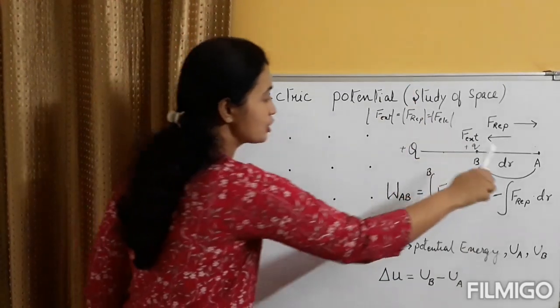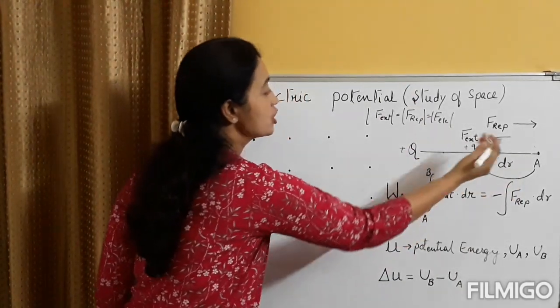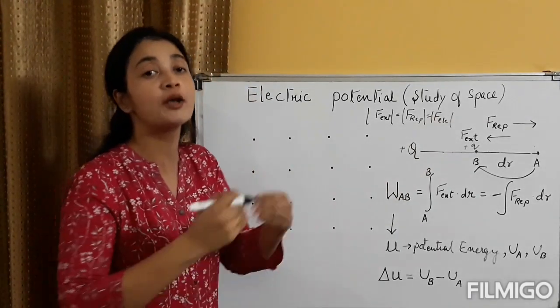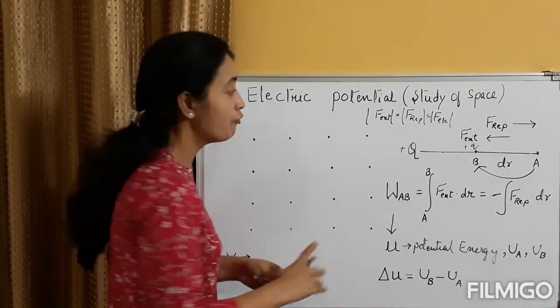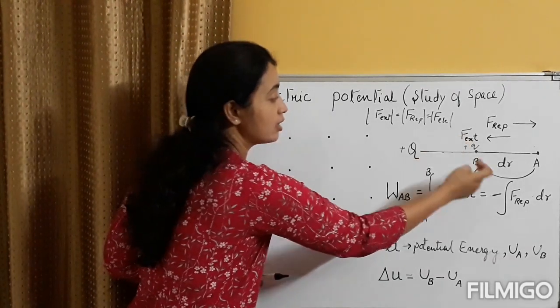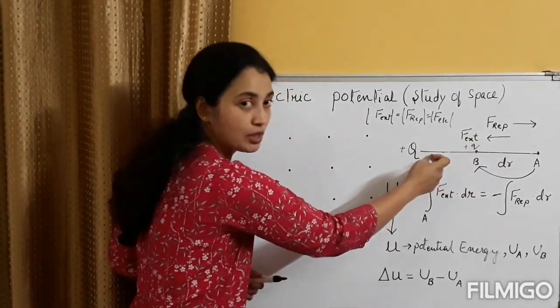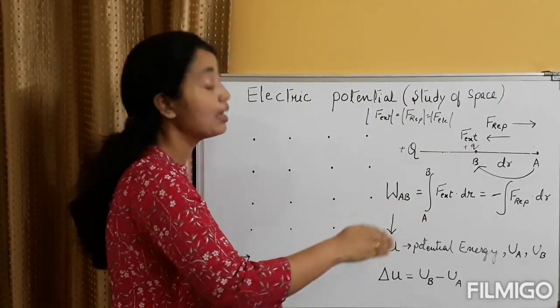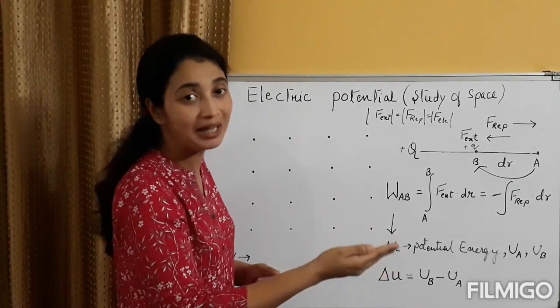You always know that as you bring the charge closer and closer to the source charge, you have to do more and more work. You have to increase your external force in order to bring it closer. The closer you want to bring, the more external force you have to apply, because more repulsive force will be in play.